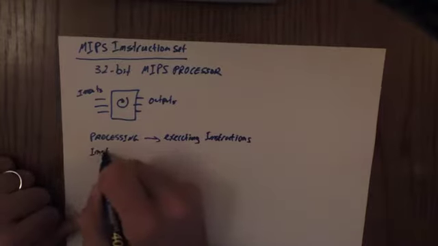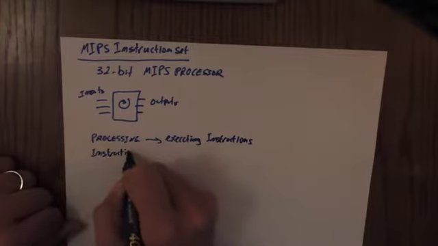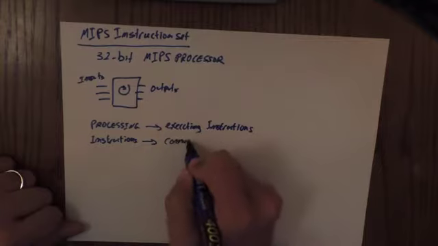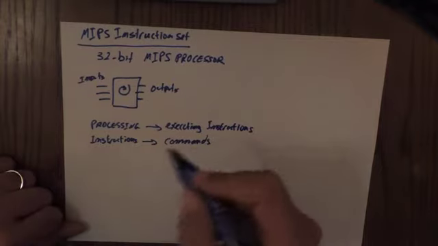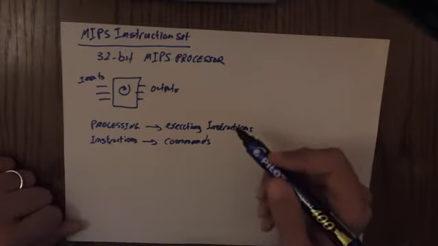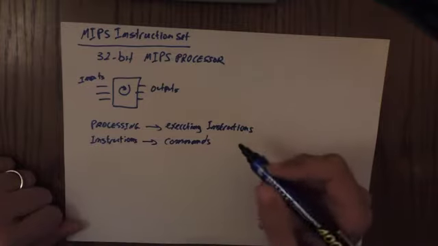What are instructions? Instructions are just a series of commands. They are a list of commands that will help us execute a specific task, such as add, subtract, average.